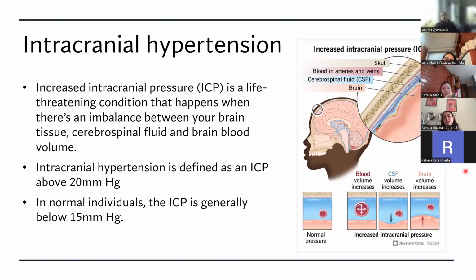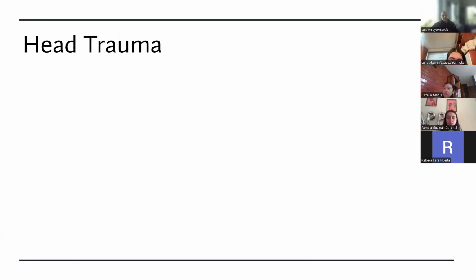An increased tension on the blood, and then if you have dehydration, you have more thickness in your blood, for example. So these are physical causes that could generate more pressure in the blood, more blood in the brain.